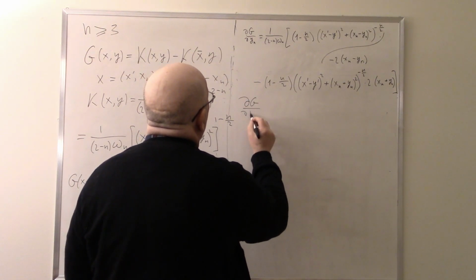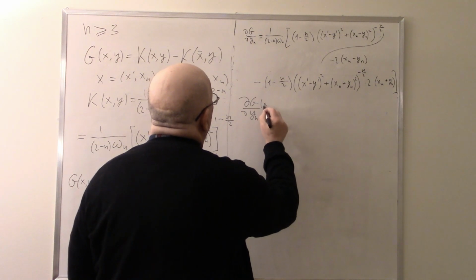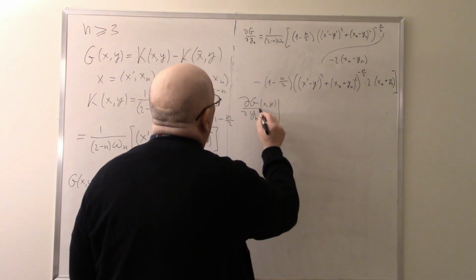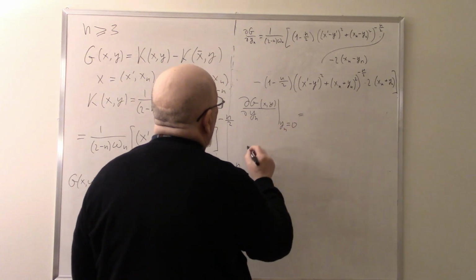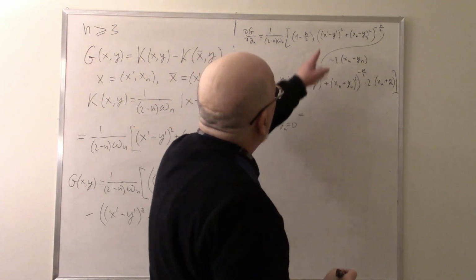So dg over dyn of x, y, for yn equals 0, equals the following.